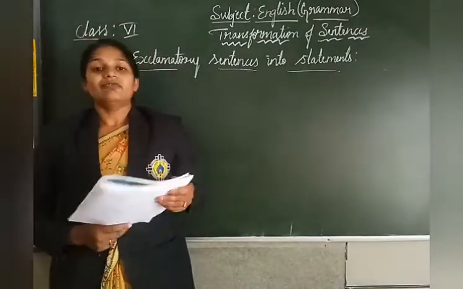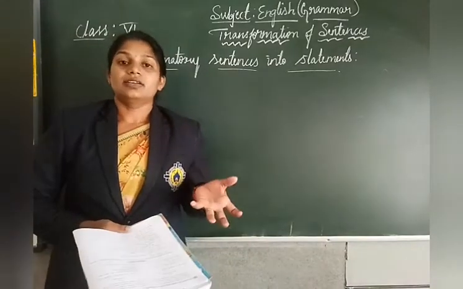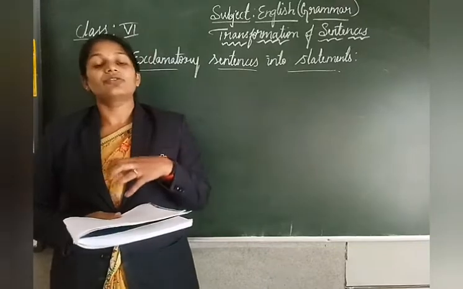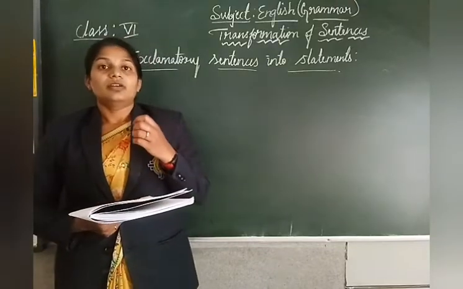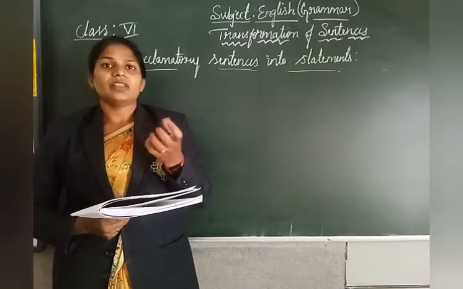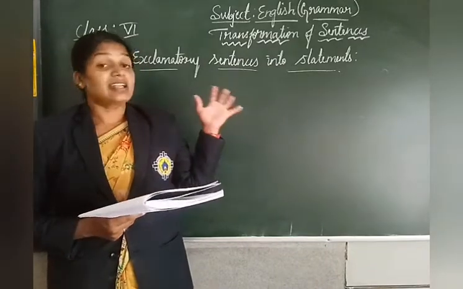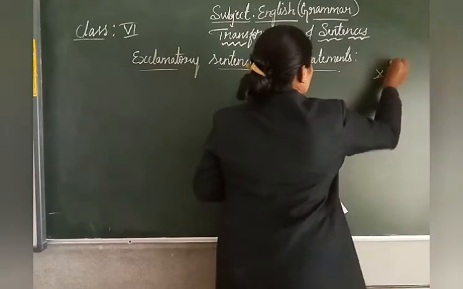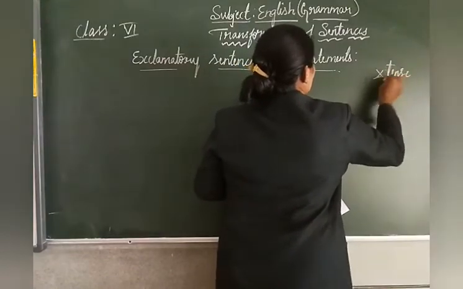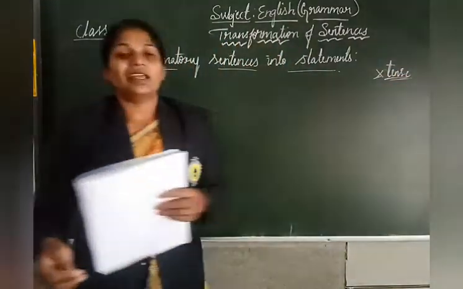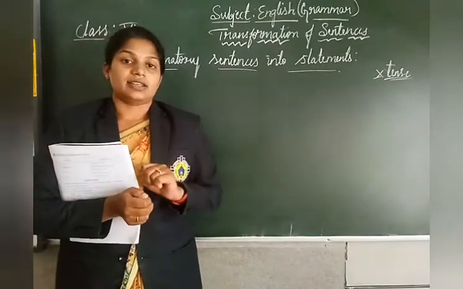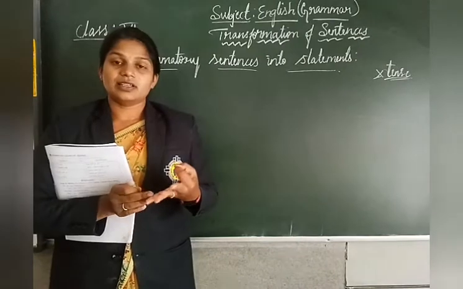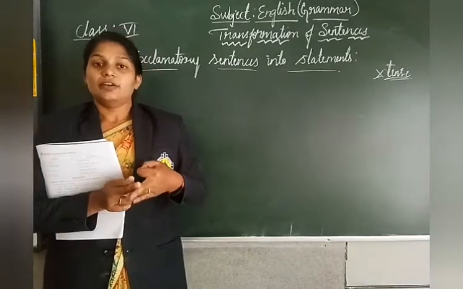Students, while converting exclamatory sentences into statements, we have to keep some points in mind. The first thing is we need not change the tense. Usually, mainly there are three tenses: present tense, past tense and future tense.